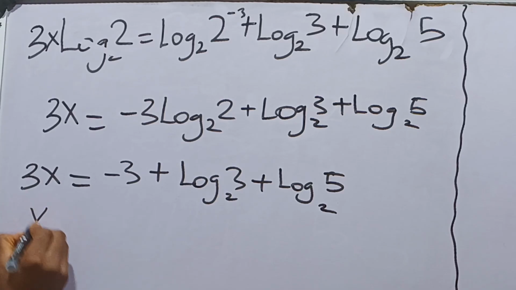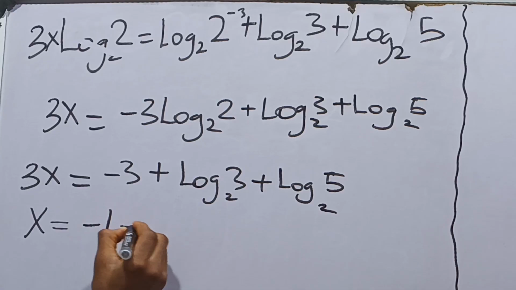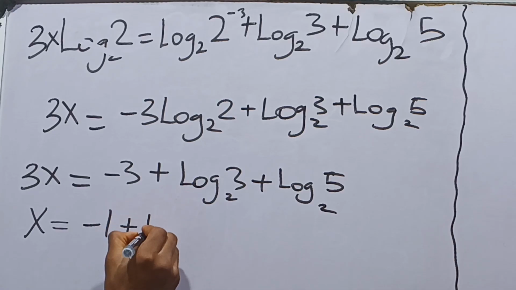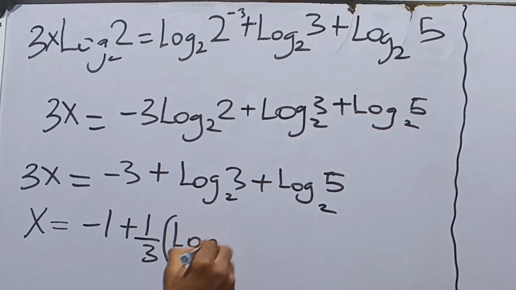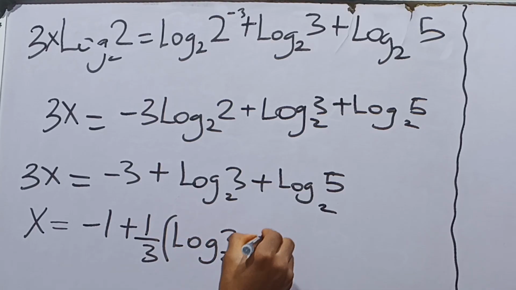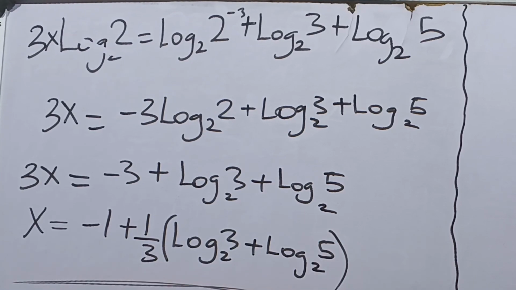So we have that x here becomes equal to 3 divided by 3 is 1, so this is negative 1 plus this is 1 over 3 multiplied by logarithm of 3 to base 2 plus logarithm of 5 to base 2. Okay, so this now is the final answer to this question.